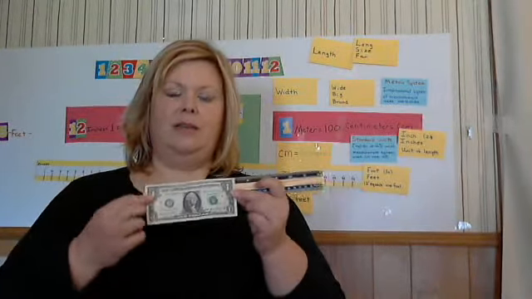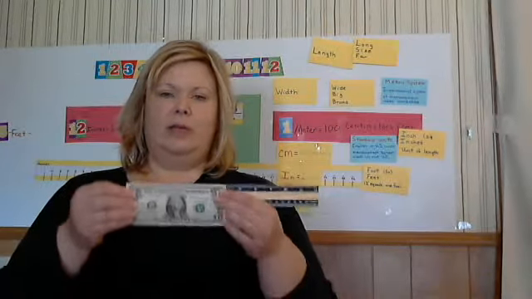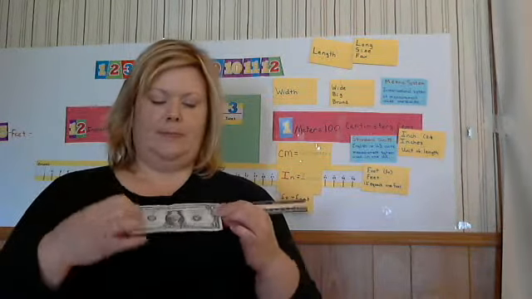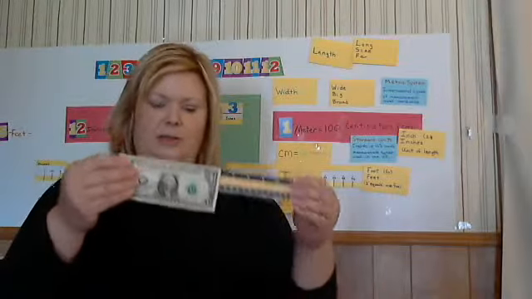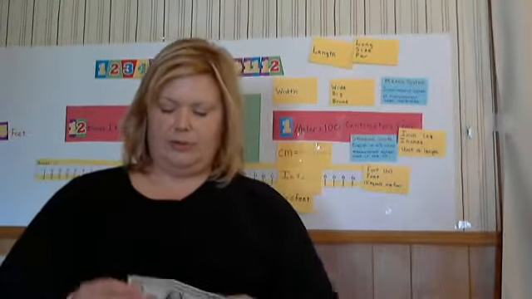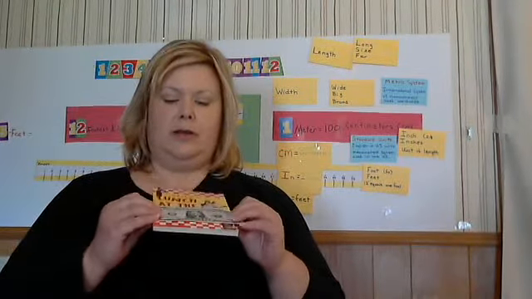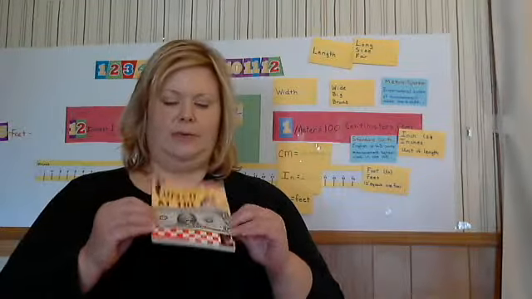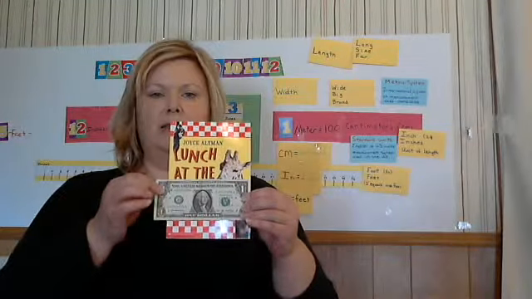So the length of our money, no matter if it's $1, $5, or a $10 bill, is 6 inches. So we could use a dollar if we didn't have a ruler and we needed to measure something. Let's say we need to measure this book. So we could use this dollar, and we could see that it's a little less than 6 inches.